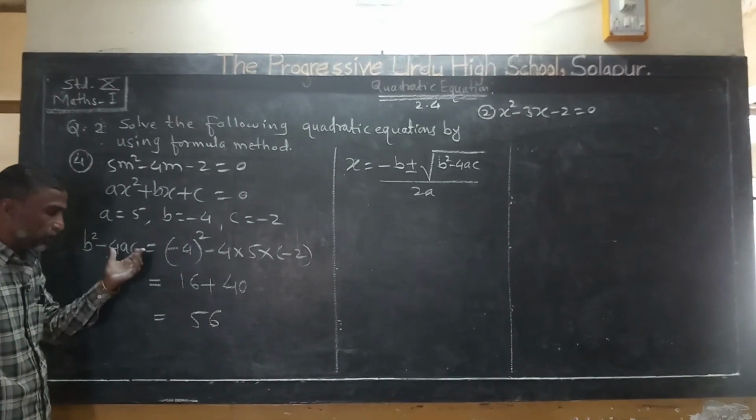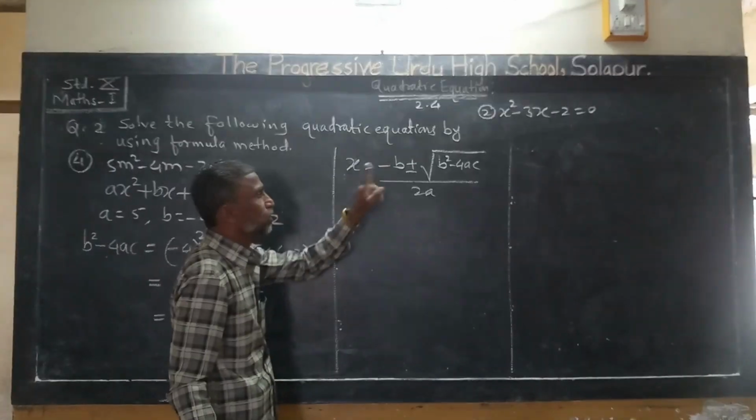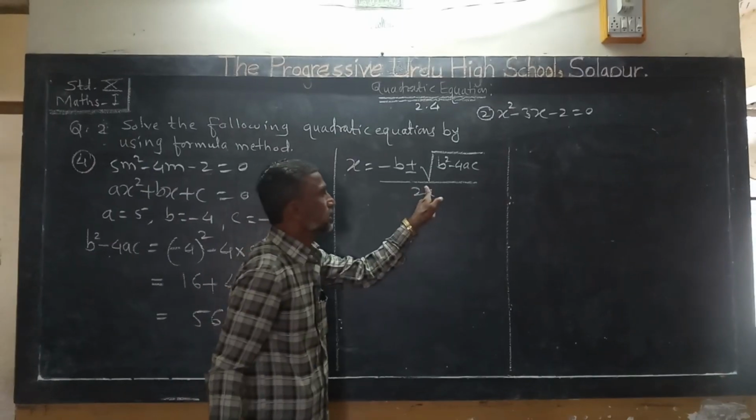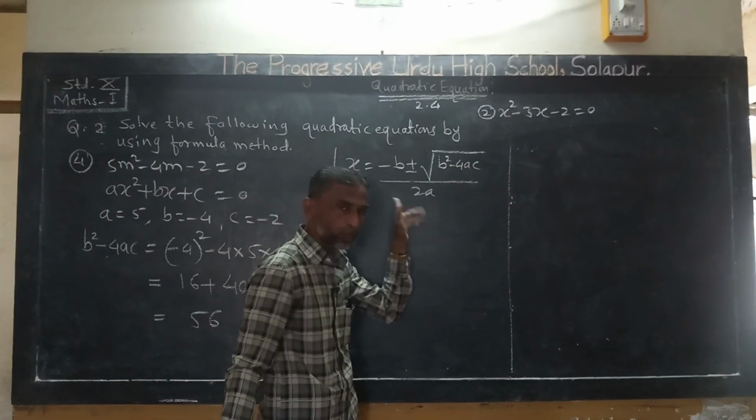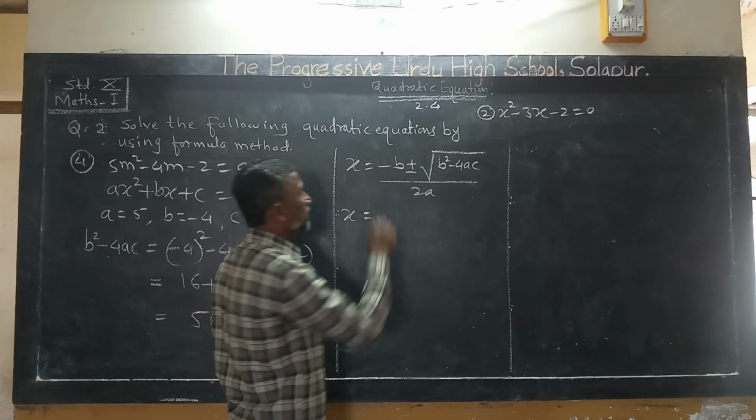After finding the value of b square minus 4ac, write the formula. x is equal to minus b plus minus under root b square minus 4ac upon 2a. Therefore, x is equal to, put the values.